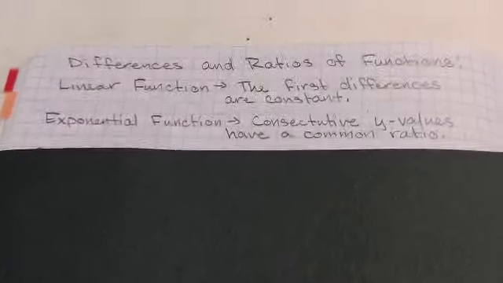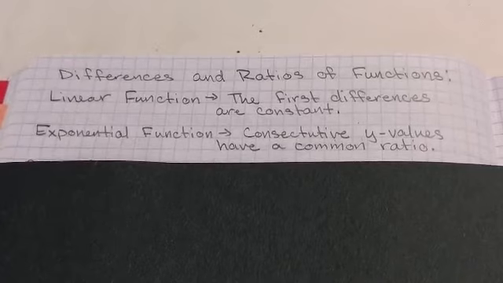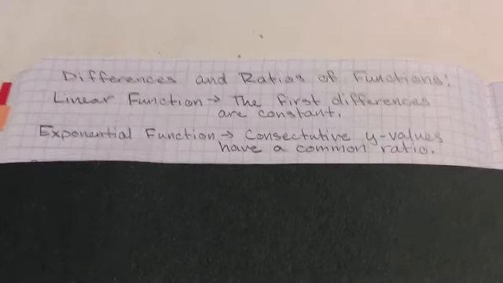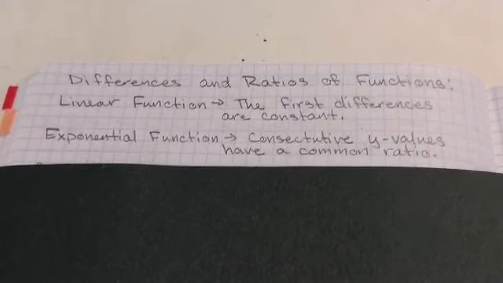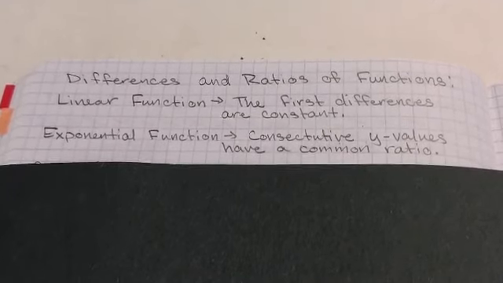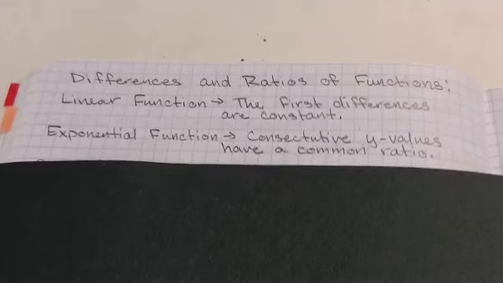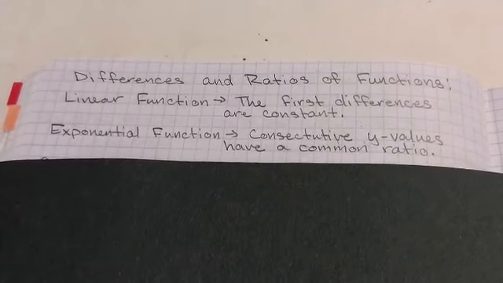Next we have exponential. If it's an exponential function, consecutive y values have a common ratio. Remember, ratio is what you're multiplying by, so you're going to be multiplying by the same number each time.